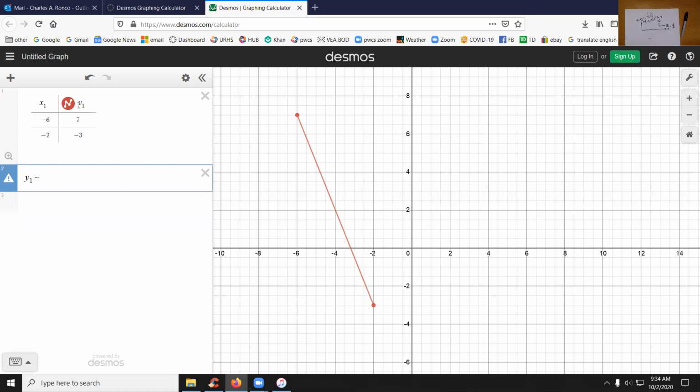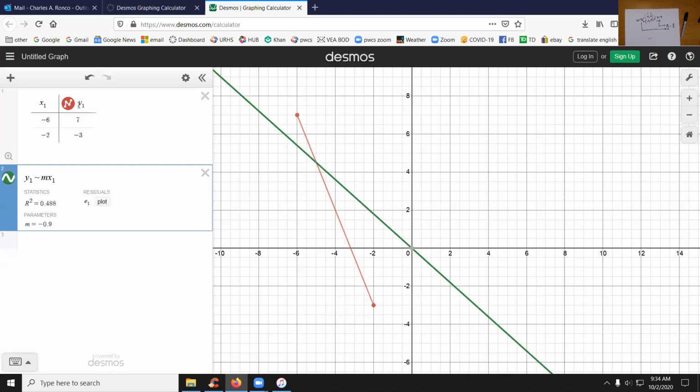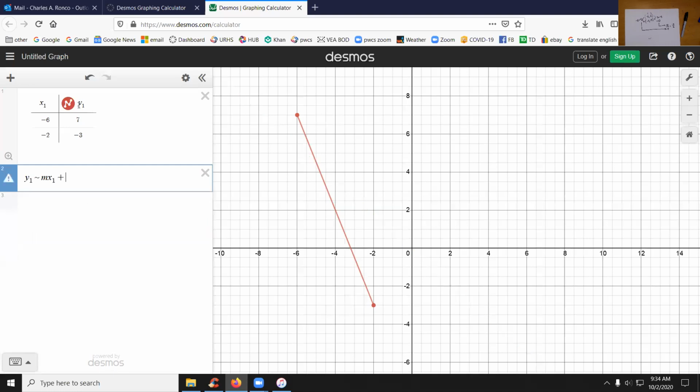All right. And now M for the slope, and X 1 plus B. Now, the cool thing is when you're doing your homework, you only have to do this once, because you can just keep using the table over and over again.